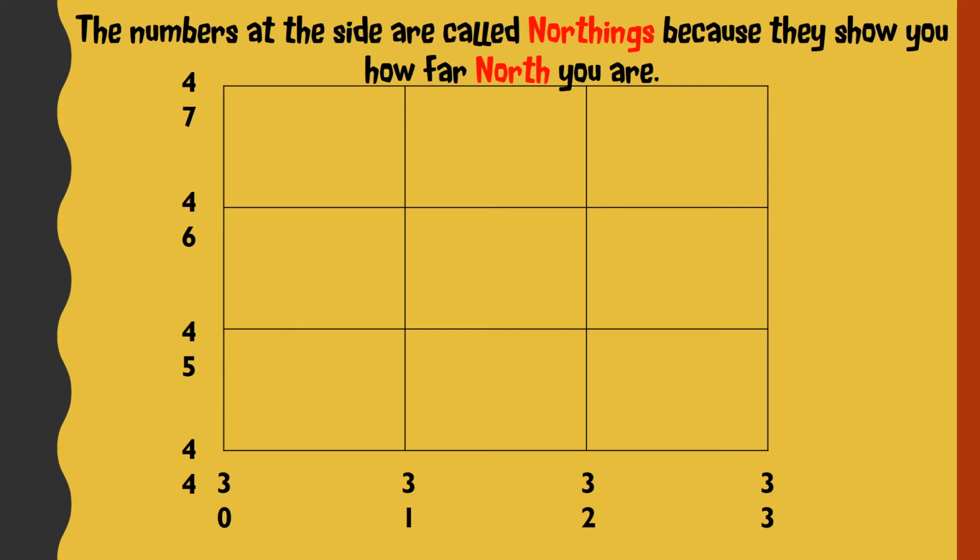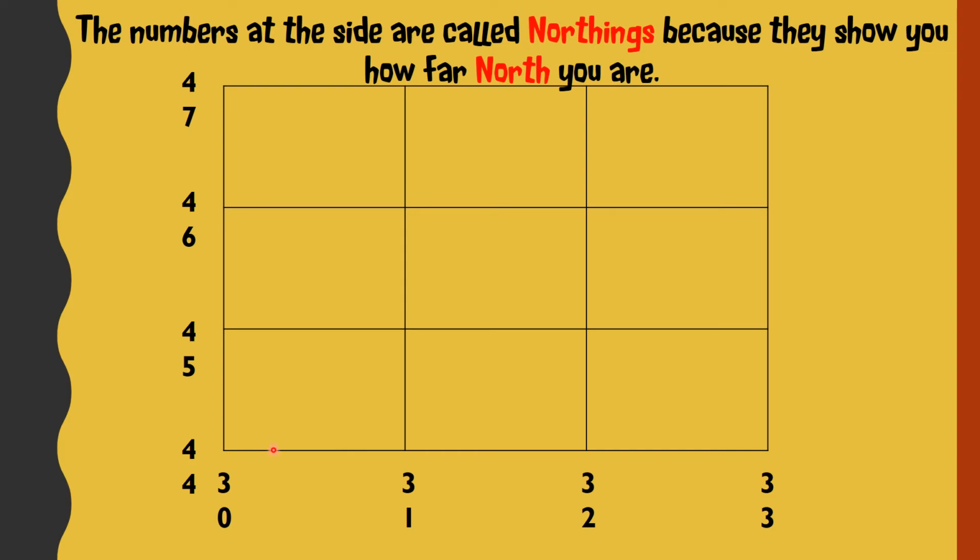We also have another set of numbers here, 44, 45, 46 and 47. Instead of being called eastings, these are called northings. The reason they're called northings is that it shows how far north you are. The same as we had here, anything from here to here would be 30.